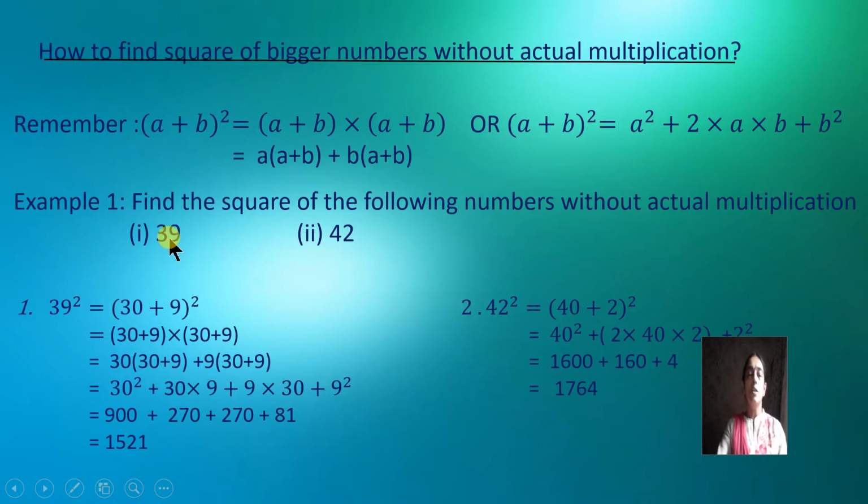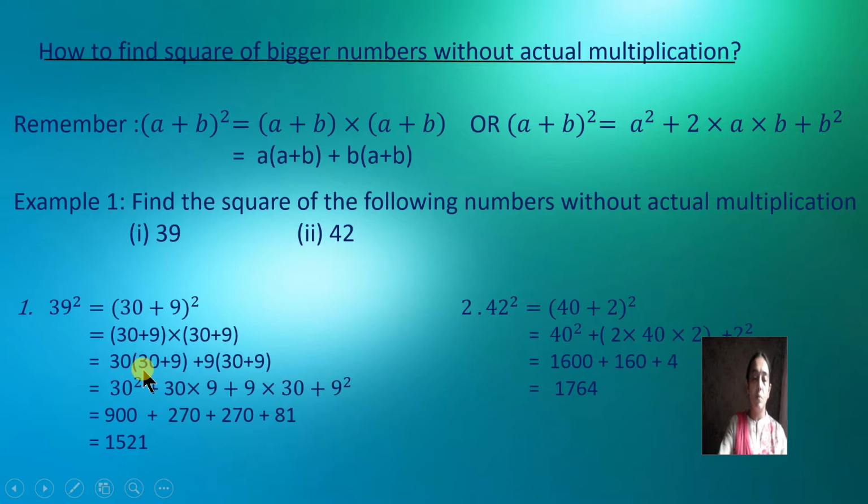So 39, first of all, I will represent 39 as (30 plus 9) the whole square. Now this (30 plus 9) is also written as (30 plus 9) into (30 plus 9). Now the first term of the first bracket, that is 30 into (30 plus 9), plus 9 into (30 plus 9). Now this 30 is multiplied with this whole bracket.